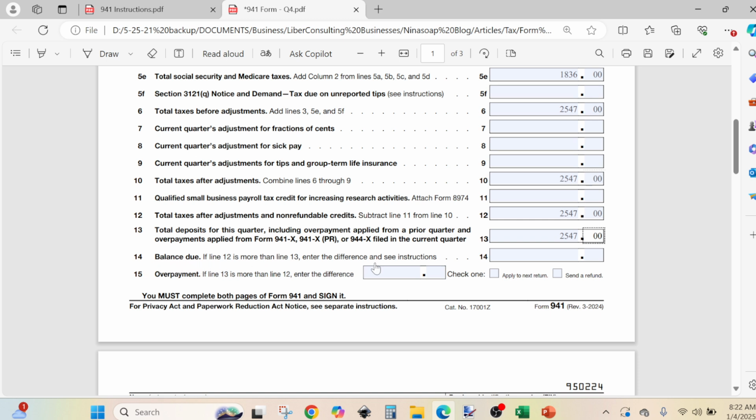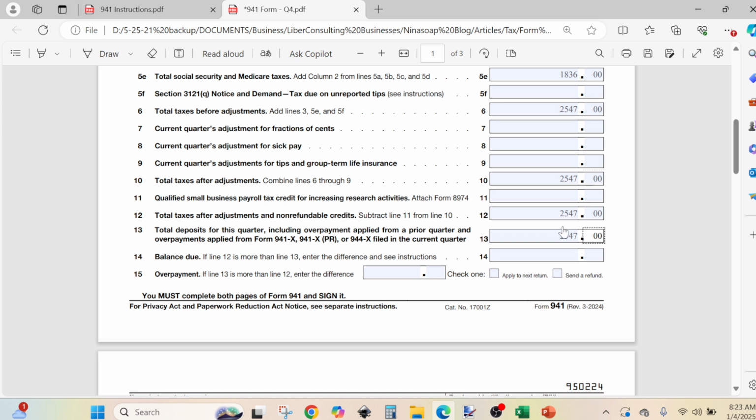If line 12 is more than line 13, you'll have an amount that you owe and you'll put it on line 14. Because again, line 13 is the payroll tax liability that you deposited in your EFTPS account, like you deposited with the IRS for the quarter.